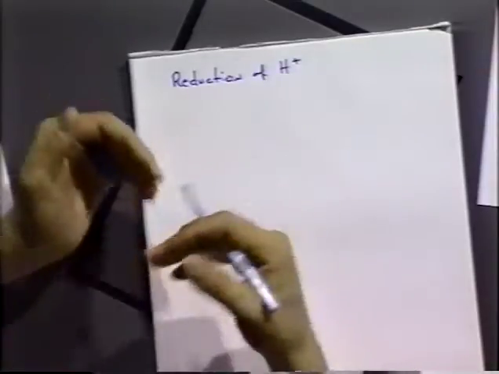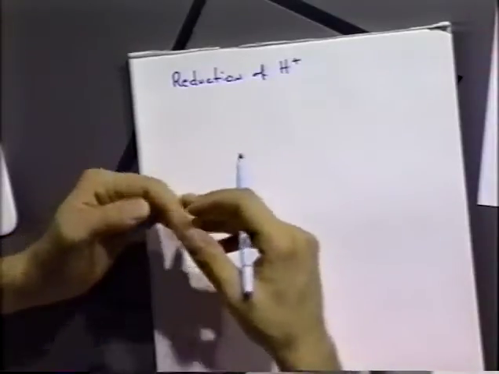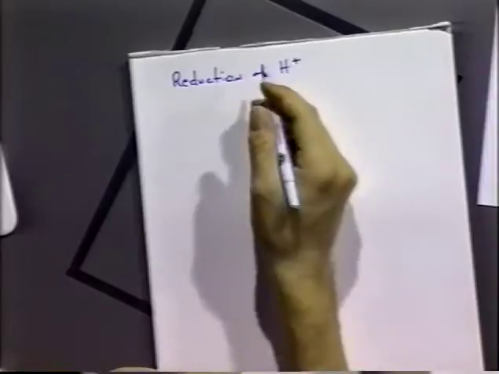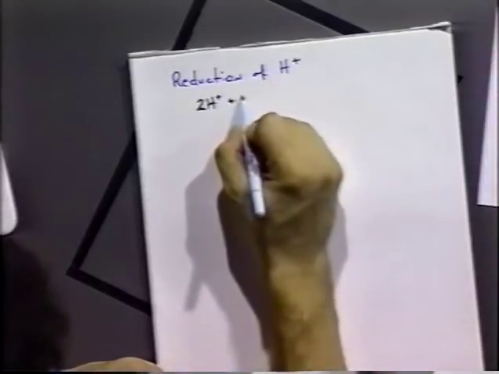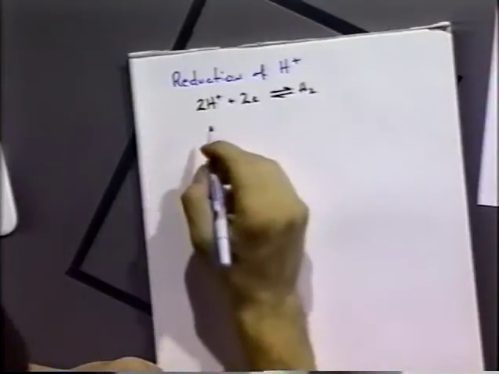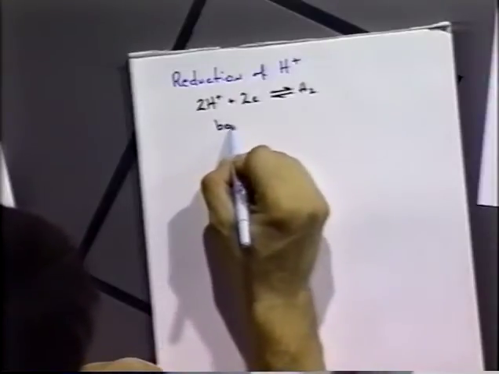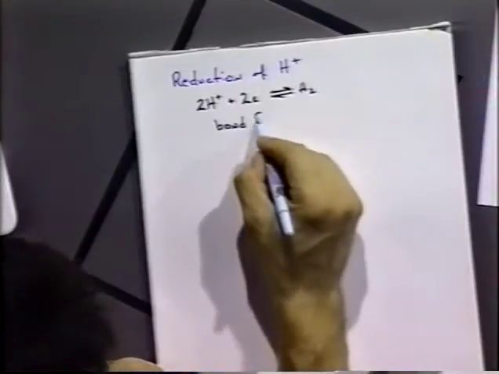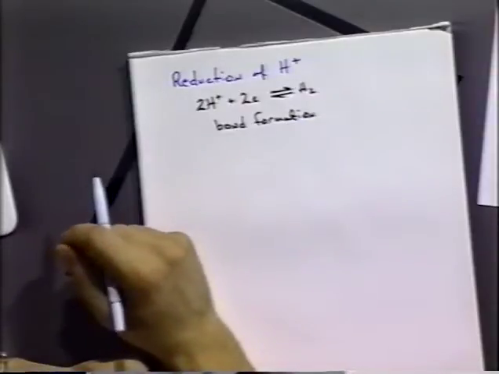And so here already we see signs of perhaps an inner sphere process. We see a dependence of the rate of the reaction on the electrode material. Remember that the overall reaction is 2 protons plus 2 electrons going to hydrogen gas. There's going to be a bond formation there, so that's already another indication we might have an inner sphere process.